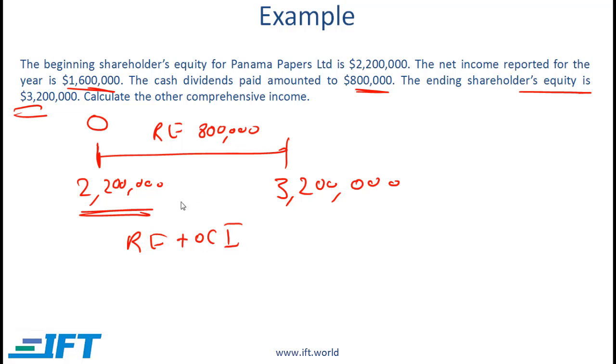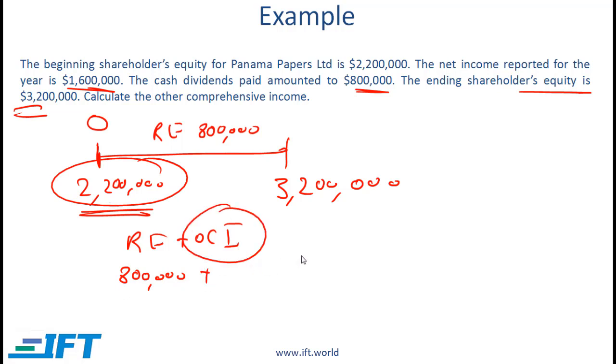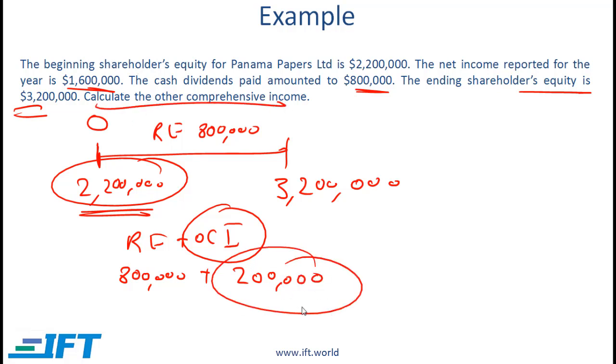The retained earnings equal 800,000. So we have 2.2 million plus 800,000 plus this OCI is going to give us 3.2 million. So what is OCI? OCI has to be 200,000. So that is the answer to this question. OCI is 200,000.